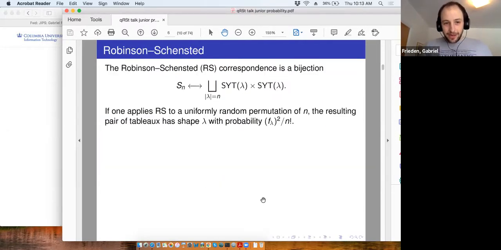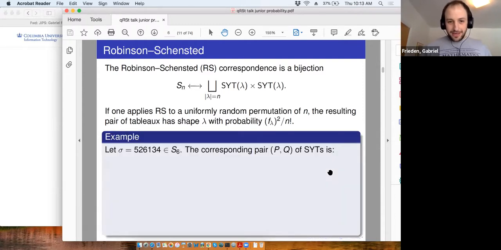Another way to think about it is that if you choose a permutation uniformly at random, the pair of tableau that you get will have shape lambda with probability equal to this Plancherel measure, because the number of pairs of tableau of shape lambda is f lambda squared.